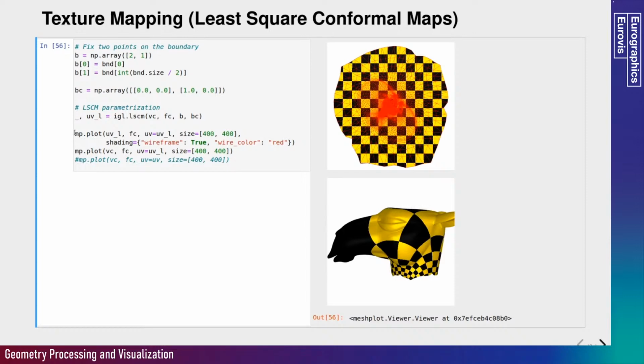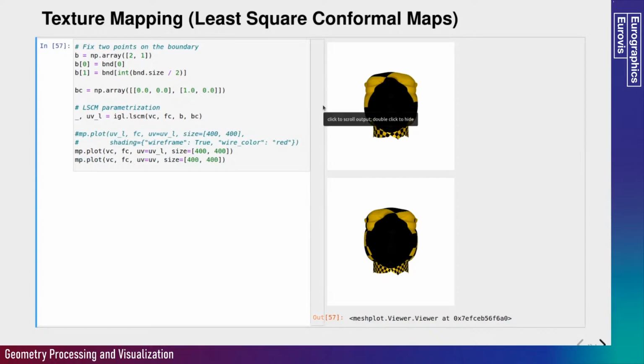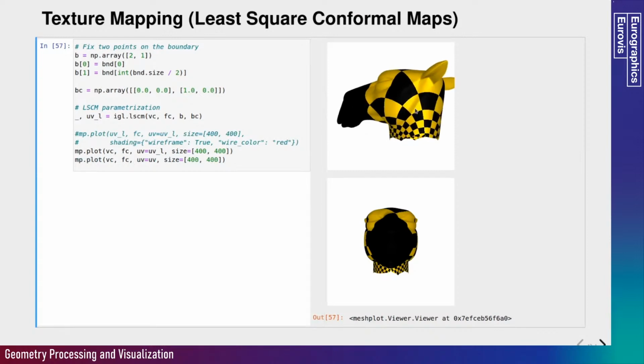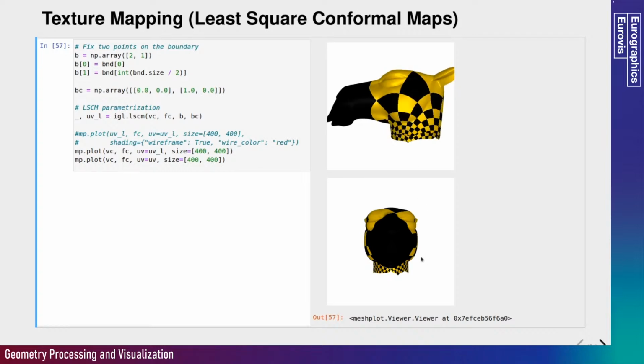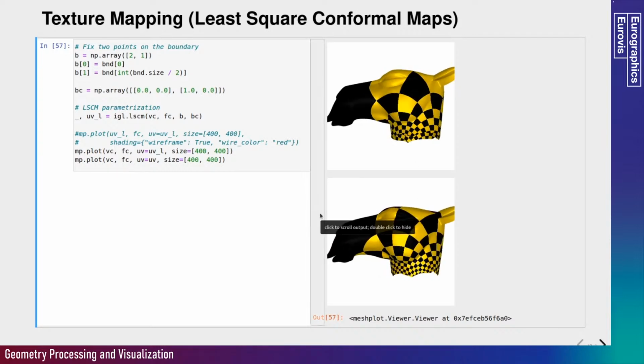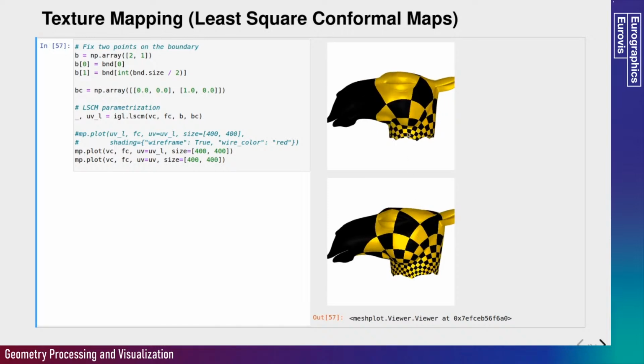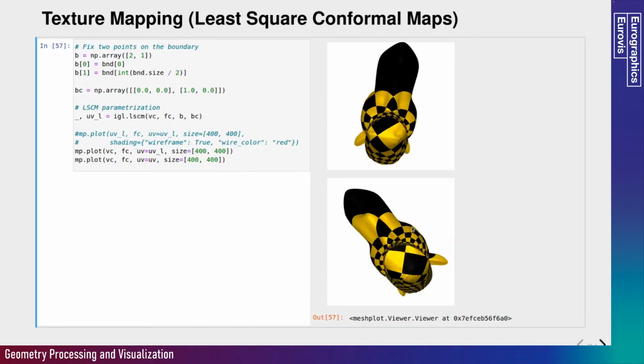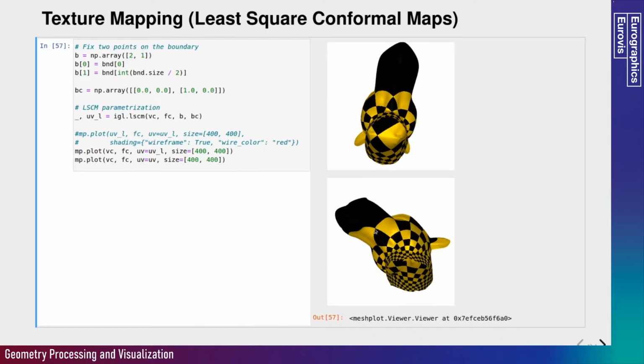In order to compare this to the technique of harmonic parameterization, we can plot the 2 results next to each other. So this first result is the one with LSCM texture mapping, and this one with harmonic parameterization texture mapping, and it's not extremely visible, but in some areas you can see that the angular distortion is actually lower in the LSCM conformal mapping.